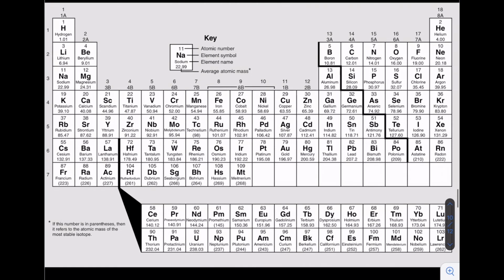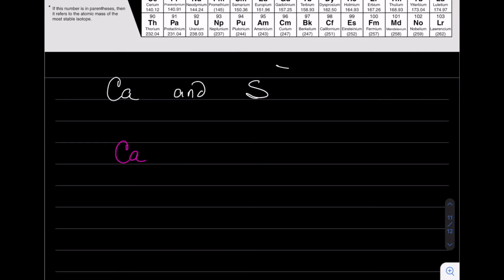Remembering that they want to be over here. So calcium has 20 protons and electrons. To get over to the noble gases, he would need to lose 2 electrons to be like argon. So calcium loses 2 electrons, which means he has extra protons, which means he's positive.